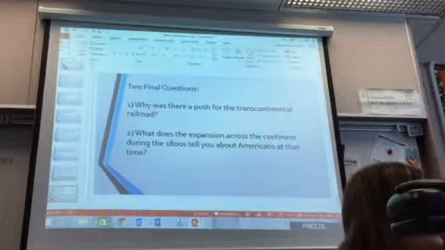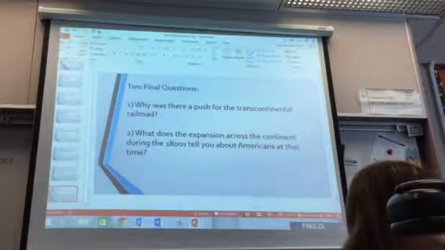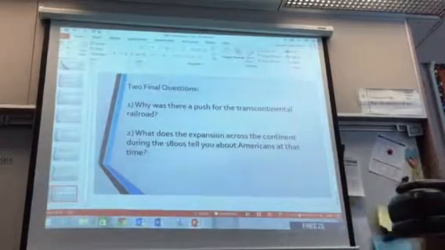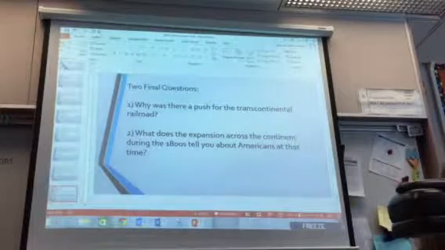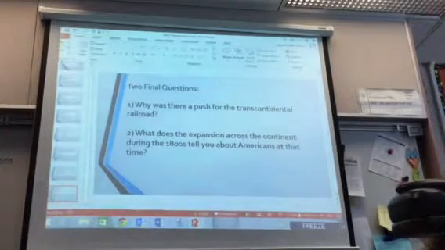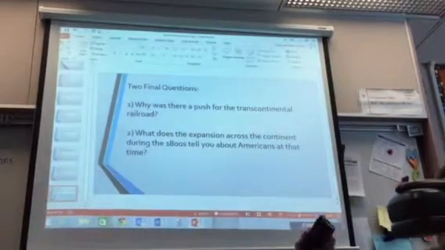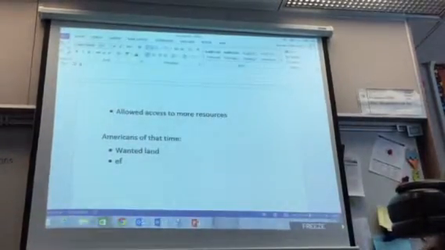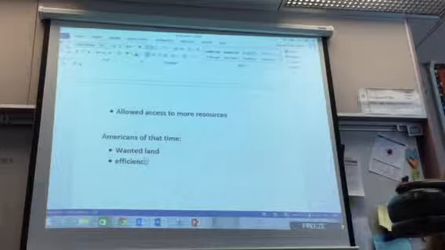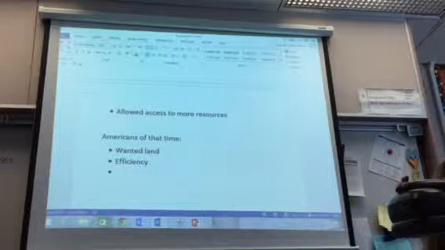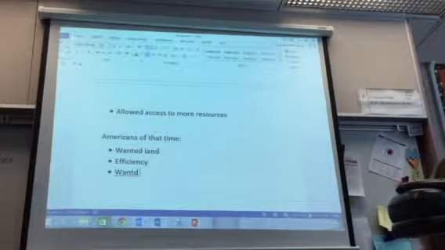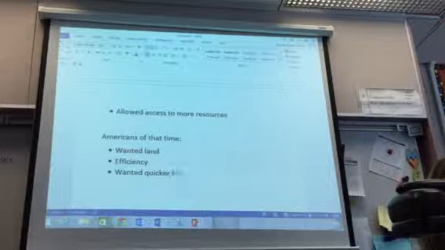This table over here, what do you guys have? What does it tell us about the Americans of that time? Land. Okay, wanted land. They're greedy. They wanted land transportation. Quicker transportation.